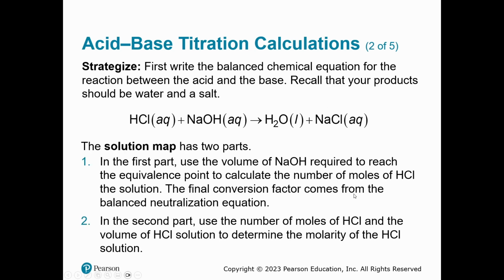So first thing we need to do is come up with a reaction and balance that reaction. We have a monoprotic acid and a monoprotic base, so it's just going to be a one-to-one reaction once we have the neutralization. Again, neutralization is an acid plus a base, which gives us water and a salt.